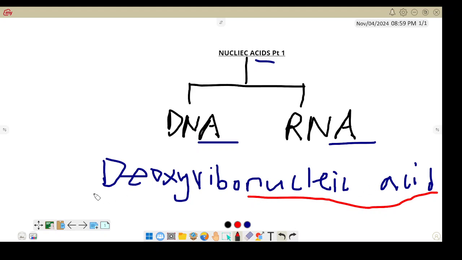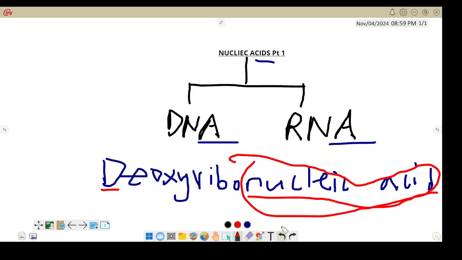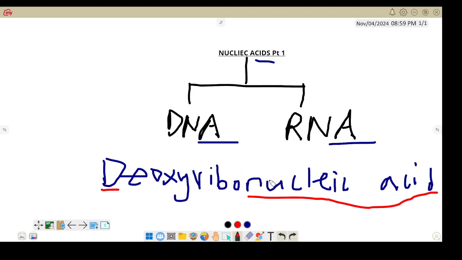One type starts with D, deoxyribonucleic acid. This nucleic acid is what we're trying to discuss, so you can take notes and write somewhere so that you follow them up. So this is our DNA.